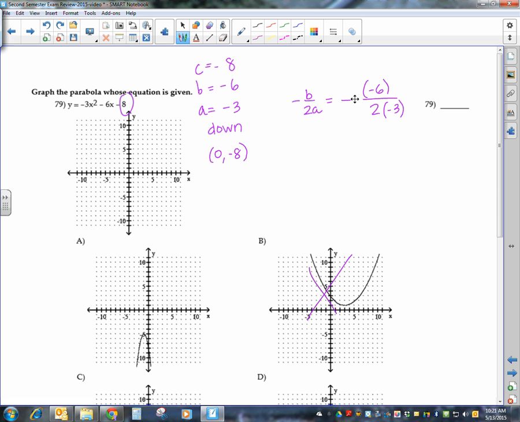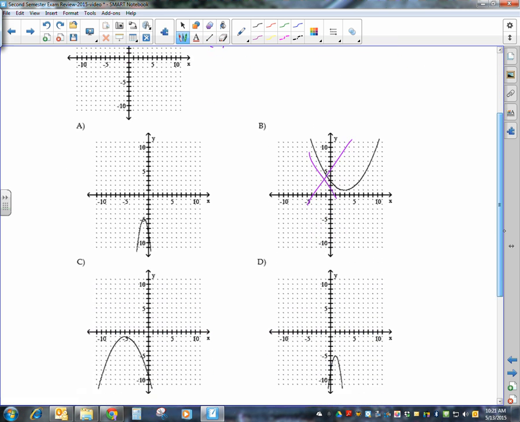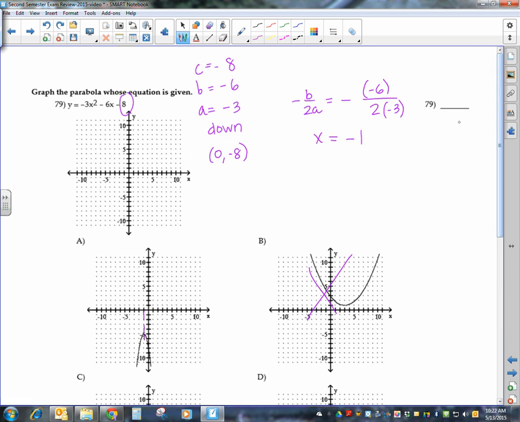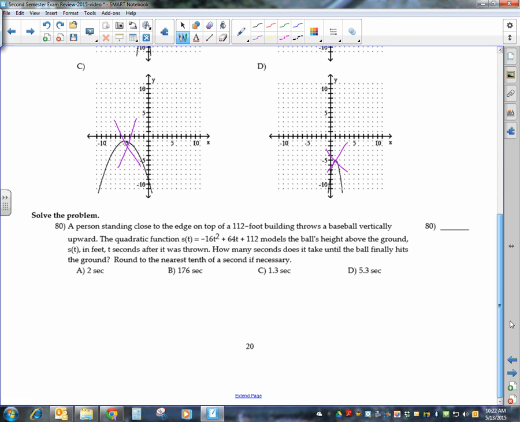I have 3 negatives, so hopefully you realize the answer is going to be negative, because 2 of them make a positive. And 6 over 6 is 1. So x equals negative 1. That right there is x equals negative 1. That's not x equals negative 1, and that's not x equals negative 1. So I have my answer. It is A. All we're doing is distinguishing which one matches the equation.